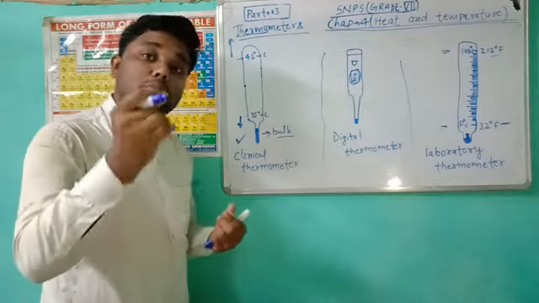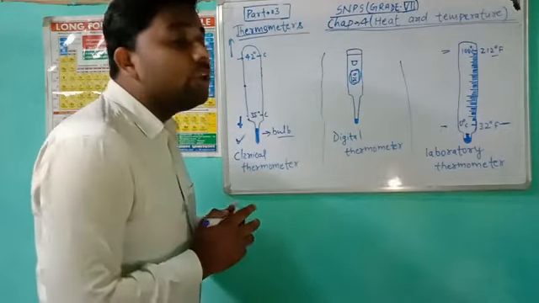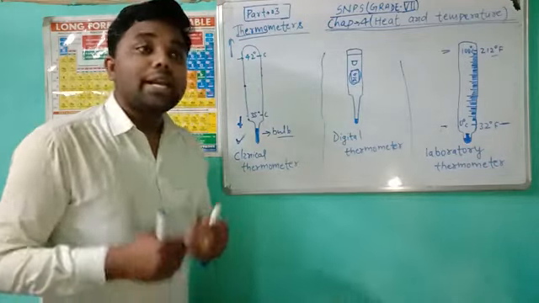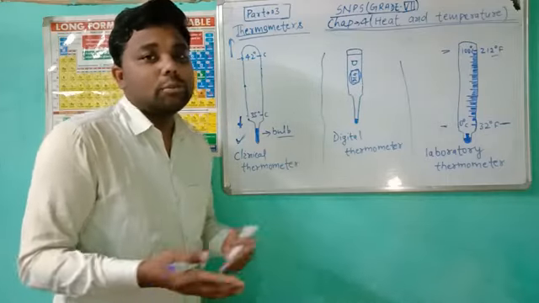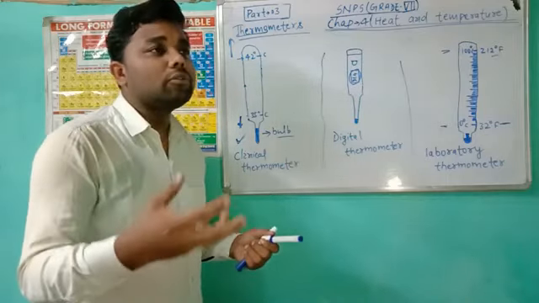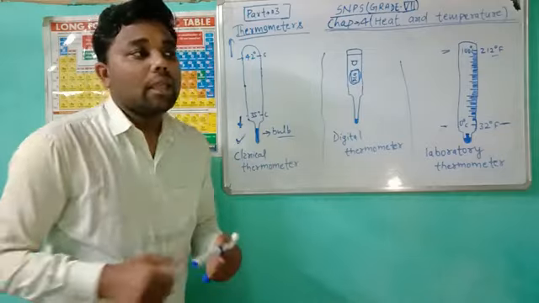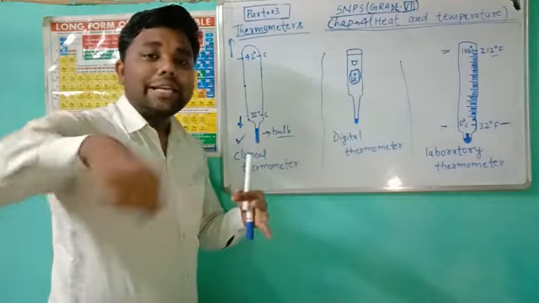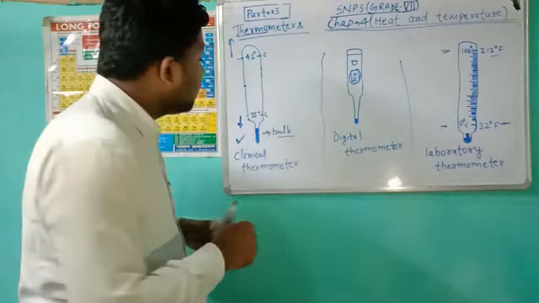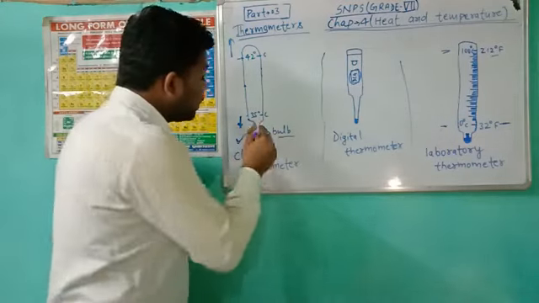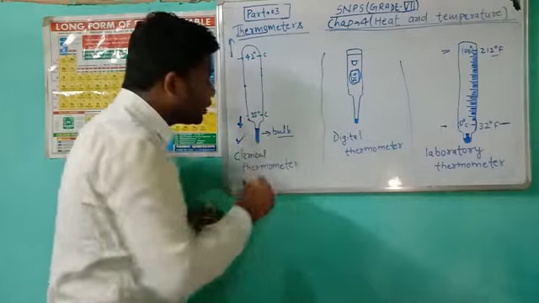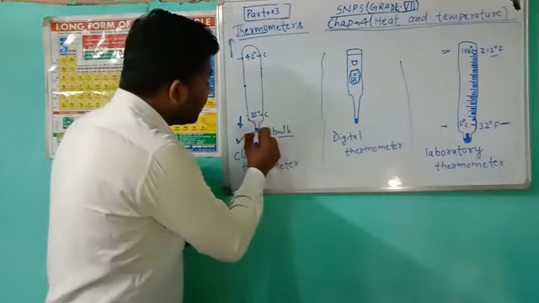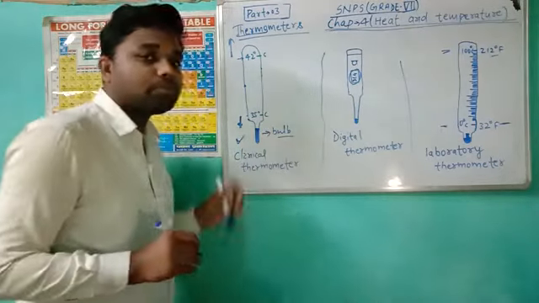And the most important question: how do we use the clinical thermometer, the medical thermometer, to measure the temperature of someone's body? We normally jerk it so the mercury settles down. Why do we jerk it? To settle the mercury in its lower part.